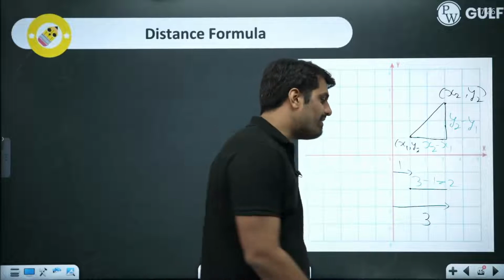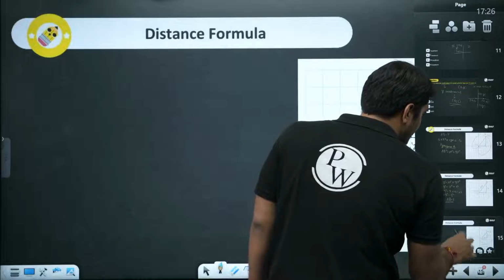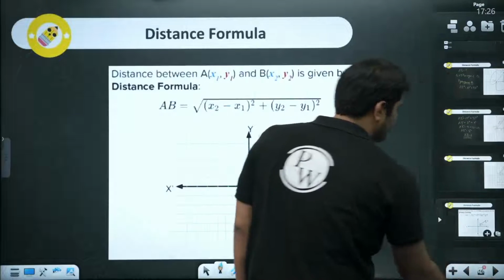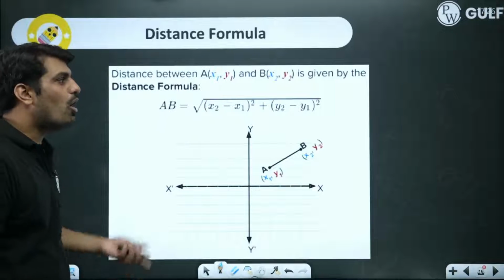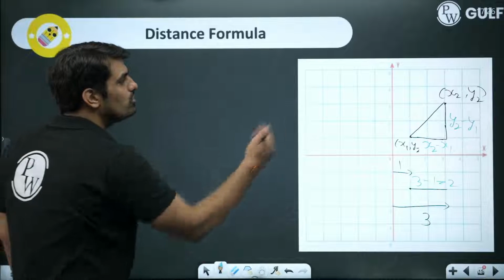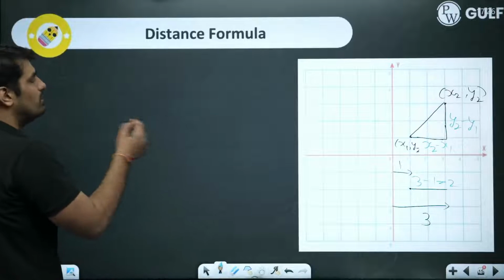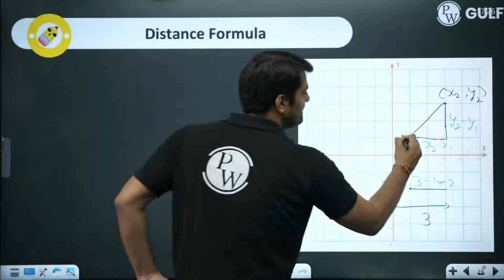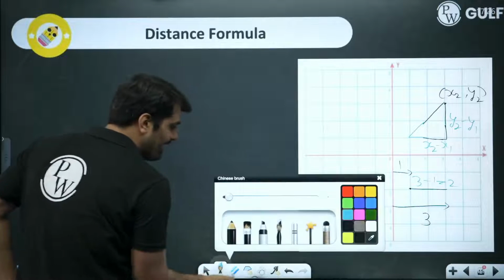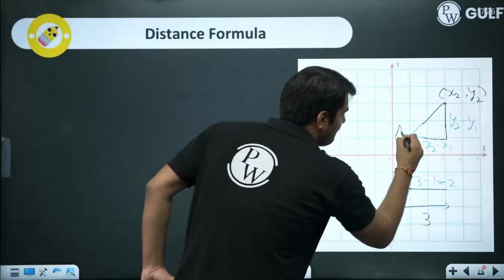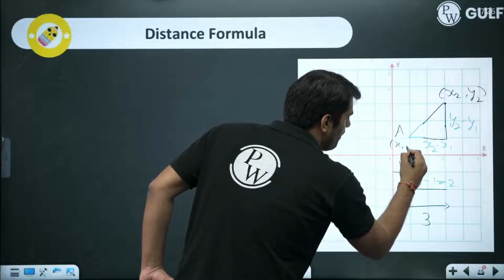So ultimately, when we use the Pythagoras theorem and come up with a distance formula, it looks like this. Or in the previous case itself, if I use the Pythagoras theorem, it would have been very simple. This is A, which has the coordinate x1, y1.